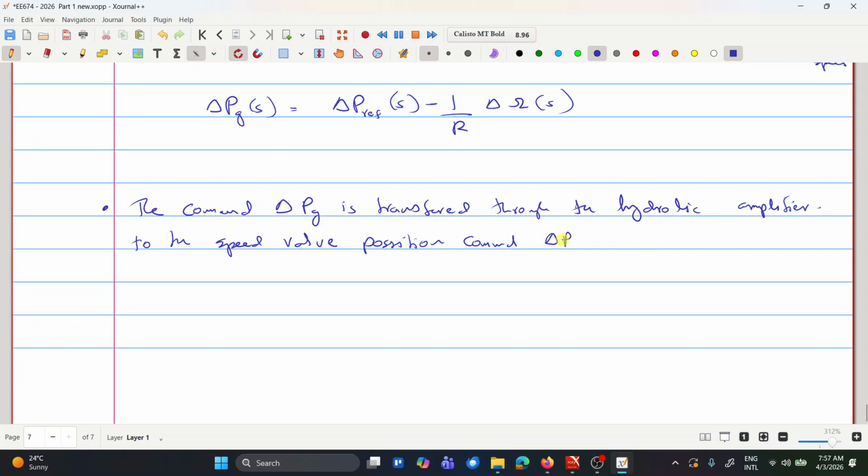That is delta PV, right, which we have seen earlier.